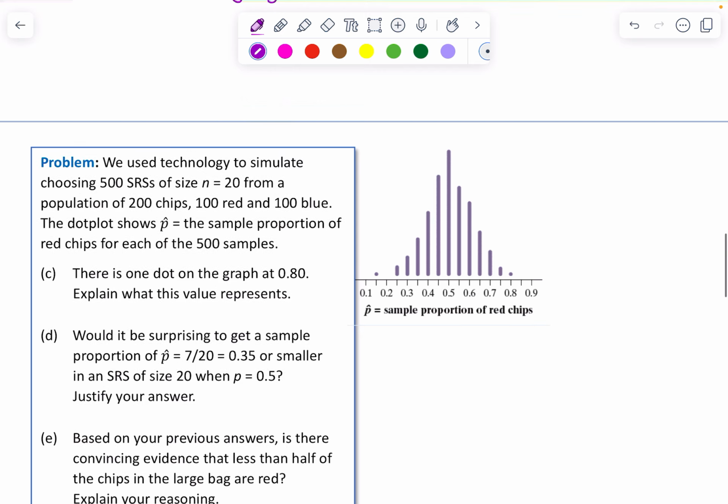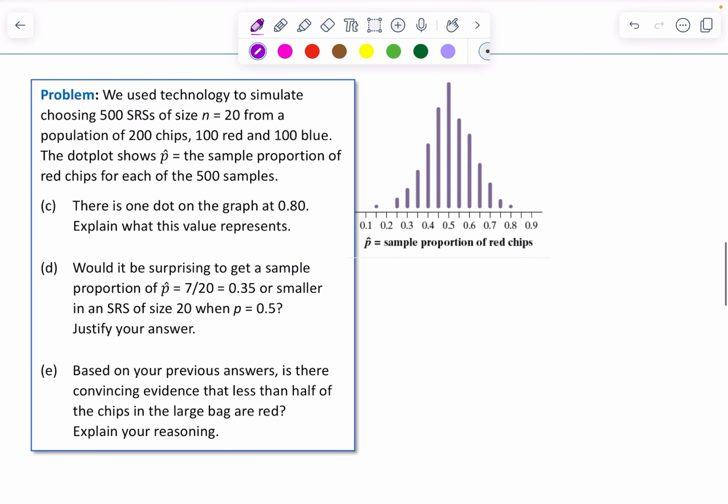All right, so we use technology to simulate choosing 500 simple random samples of size 20 from a population of 200 chips. So basically, we just did 500 of Jenna's grabs. The dot plot shows p hat, the sample proportion of red chips, for each of the 500 samples. There's one dot on top of 0.8. What does that mean?